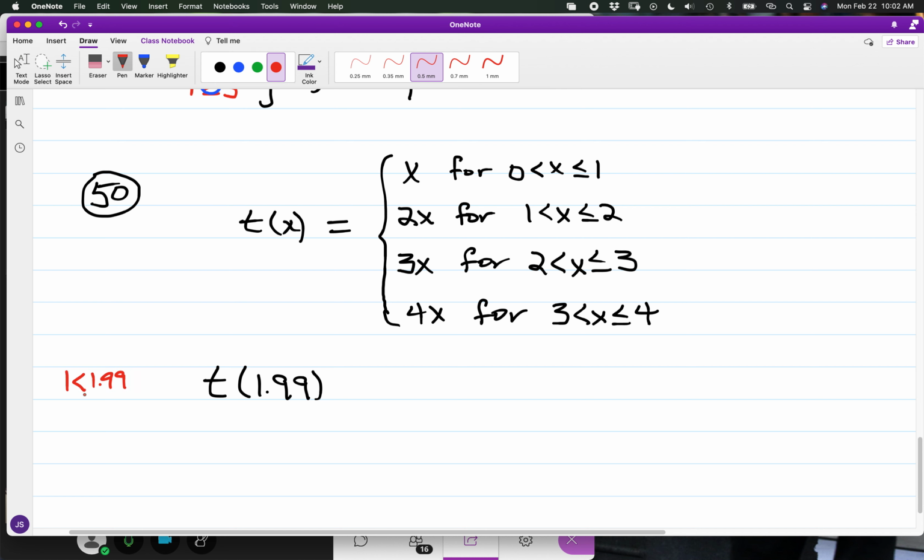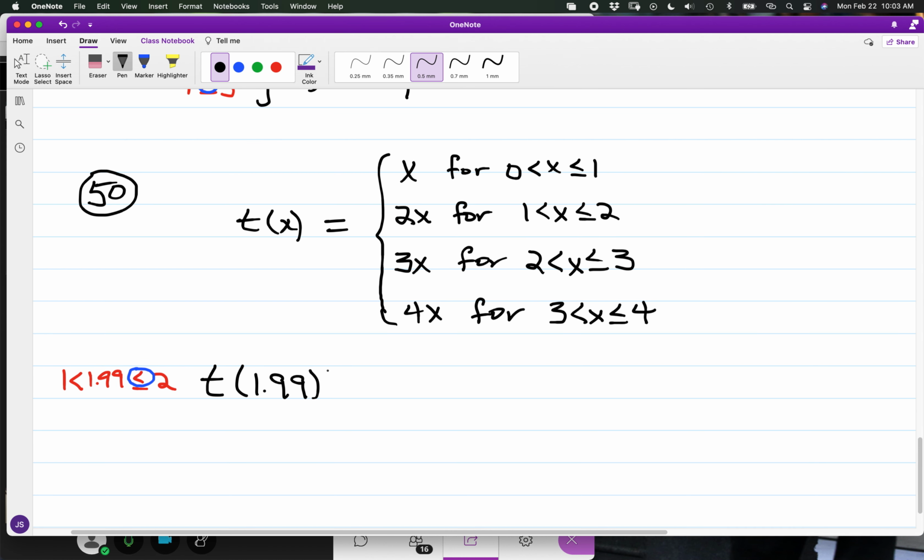So 1 is less than 1.99, and 1.99 is less than 2. And so we're going to take the functional part that matches, and that's going to be 2 times the input. So you have 2 times 1.99, and this will come out to 3.98.